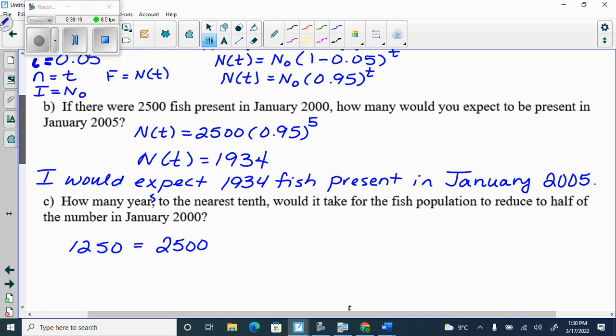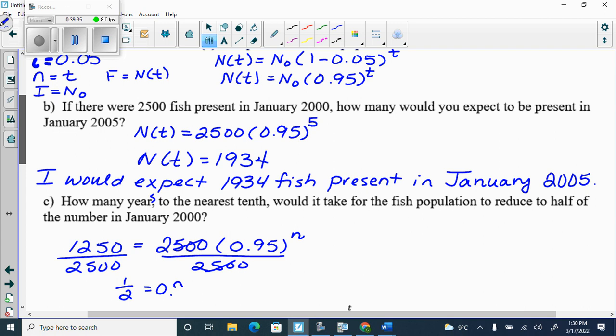And then I would get 0.95 to the N. I have my initial and my final, so I told you we always have to divide if we have both of those. So I get 1/2 equals 0.95 to the N. And then I do y1, y2.